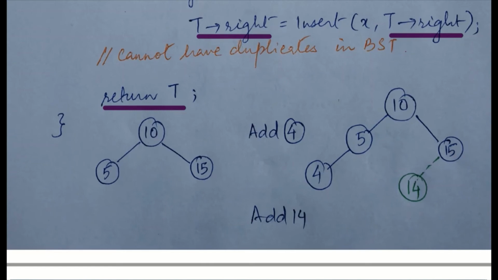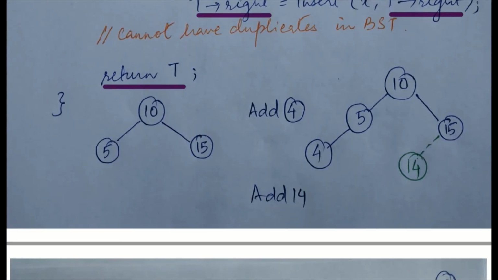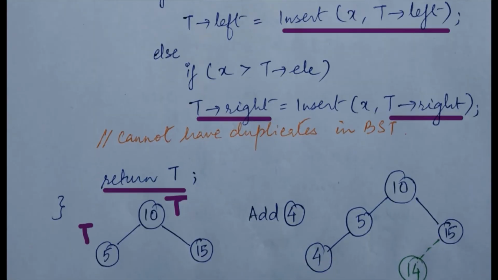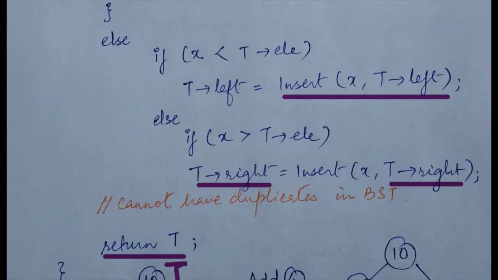So for example, you have to add 4. 4 is less than t. This is your t initially. 4 is less than t's element, so I call insert 4 in t's left. So this becomes my new t. In this new t, which is 5, 4 is less than 5, so I call insert 4 in t's left.